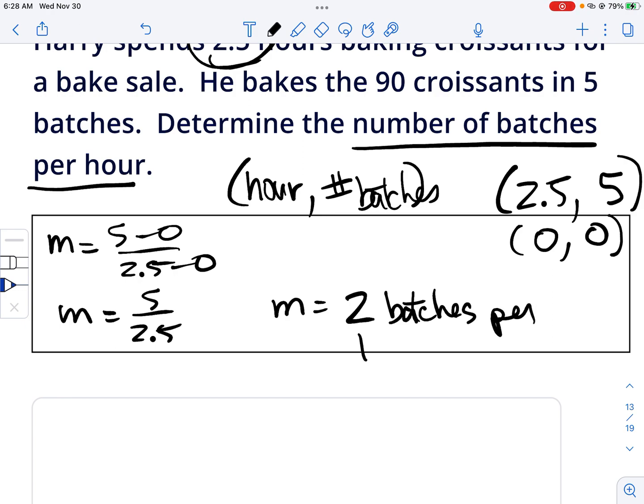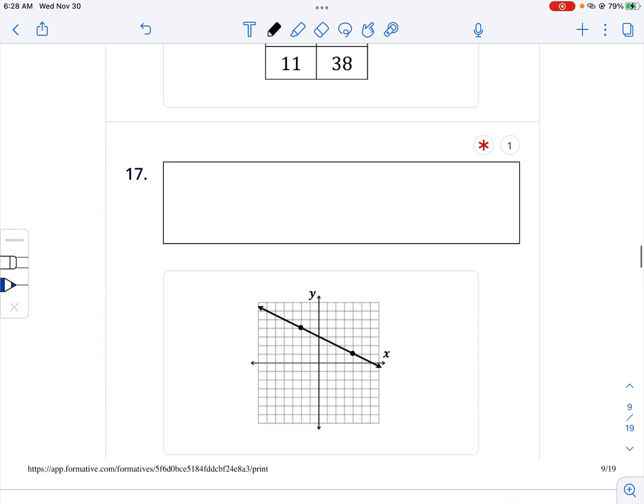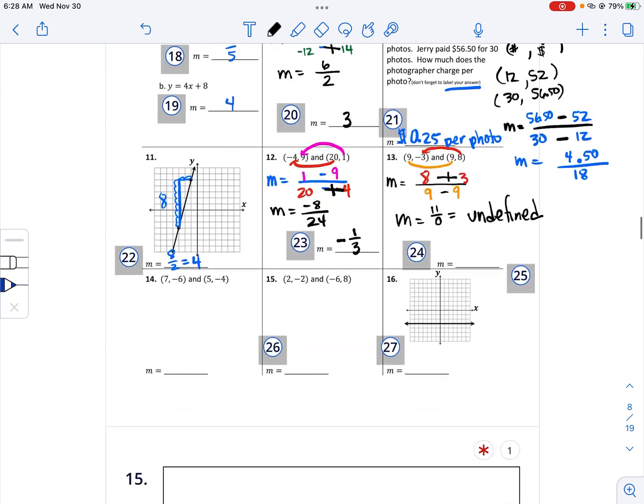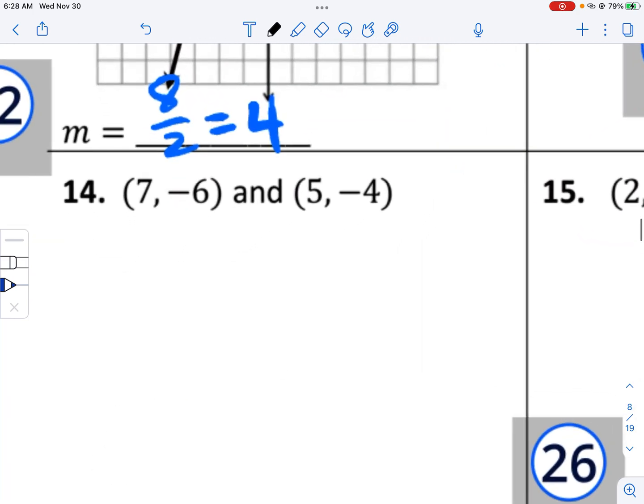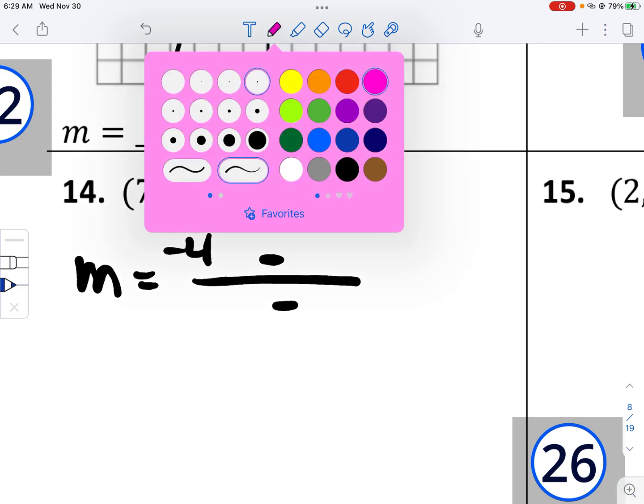per hour. Now I'm going to give you a headache, and I'm going to go back up to the one that you were supposed to do that I didn't think you were supposed to do. Sorry about that. So if I subtract this, I'm going to come here, negative 4. Oh, I wanted to do those different colors, didn't I?